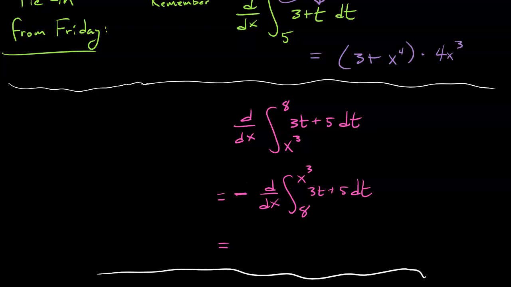So obviously the negative is just going to go with the answer. And if we're taking the derivative of an integral, they cancel out. And then we're going to take that variable information and put it in place of the t's.